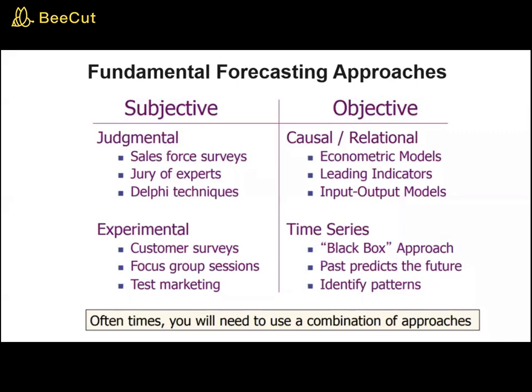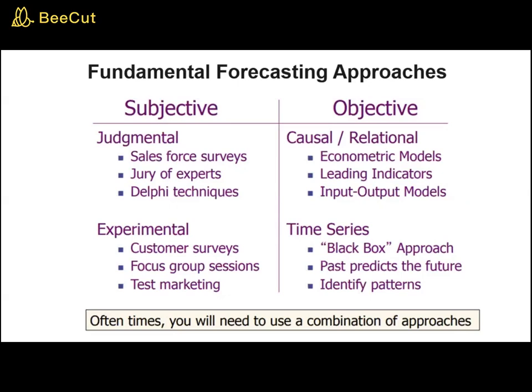In order to do this, there are some models that can be bought in the market, and you can put in the historical information, and it will help you do the forecasting. So that whole idea of using models to predict the future is the black box approach.